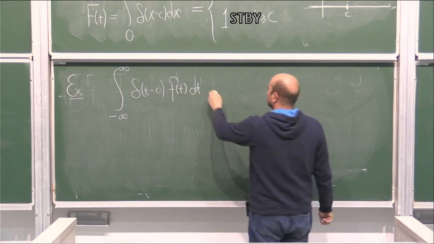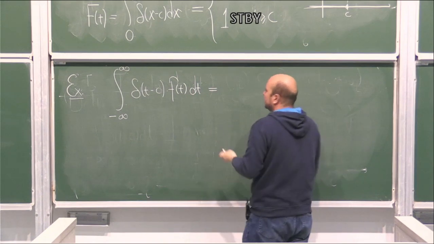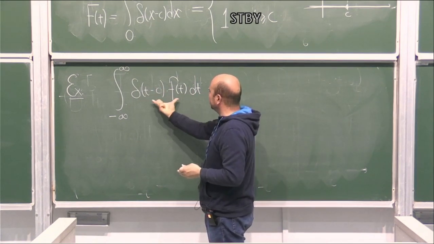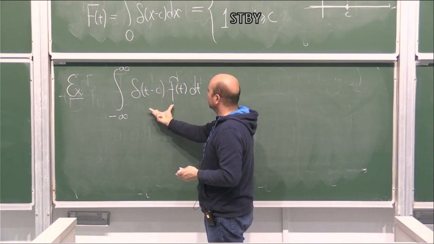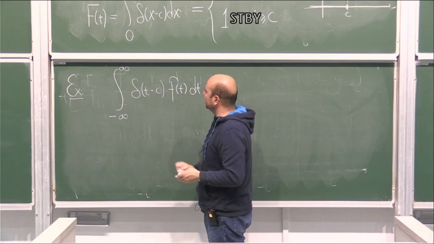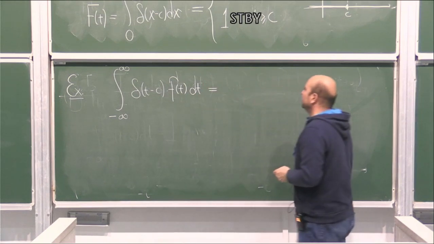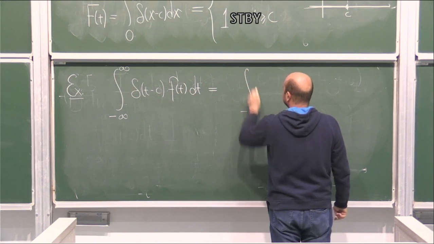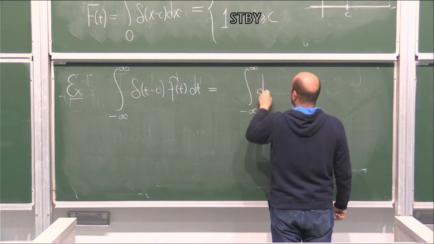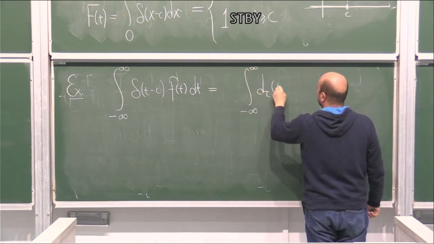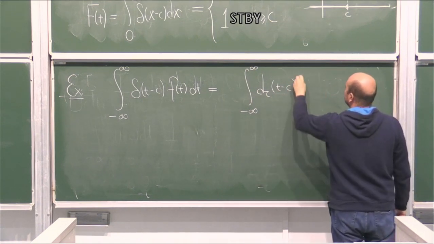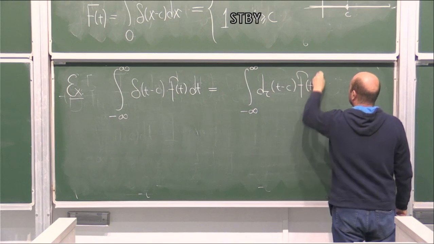So then what is this equal to? Again, the idea is this thing comes from the d tau function. So first of all, I can compute the integral with d tau, and then I can take the limit as tau goes to 0. So I can do the following: the integral from minus infinity to infinity of d tau of t minus c, the shifted d tau, times f of t dt.